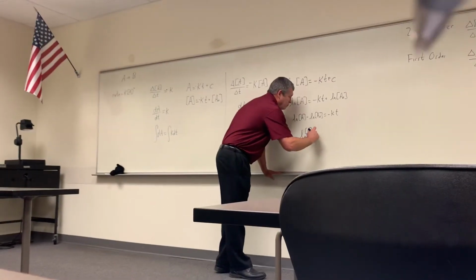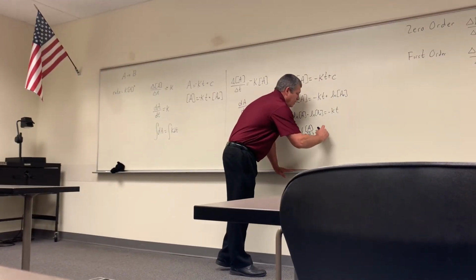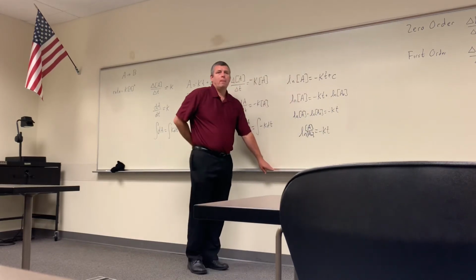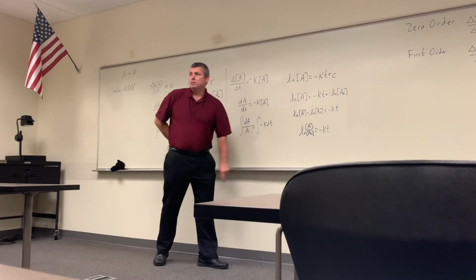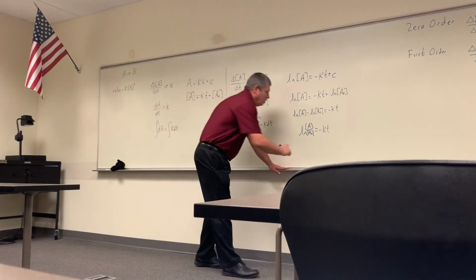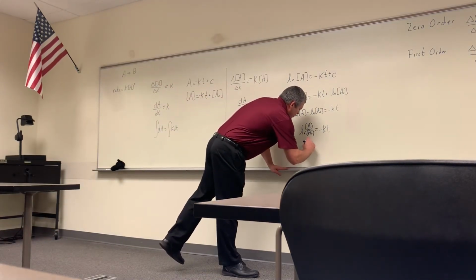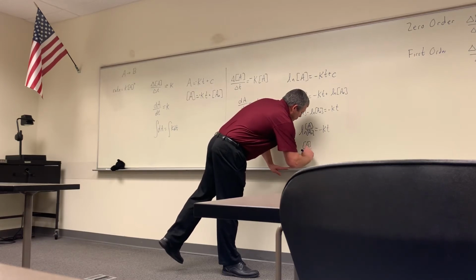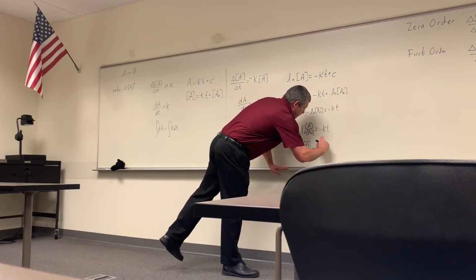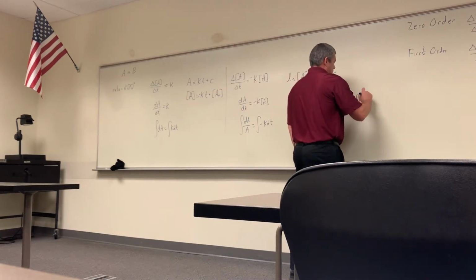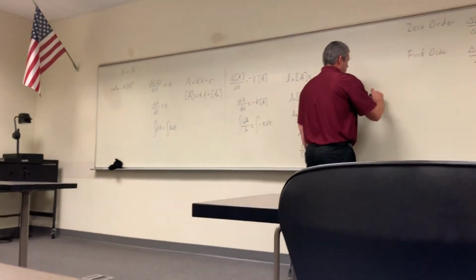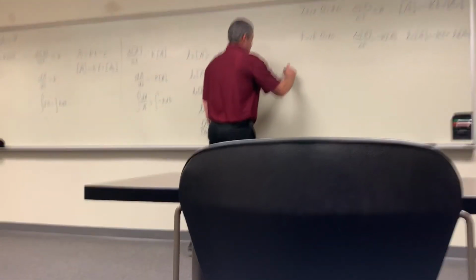What's on the right side? And how can I get rid of the logarithm? I can exponentiate using base e. So A over A naught equals e to the negative kt, which means A equals A naught times e to the negative kt.